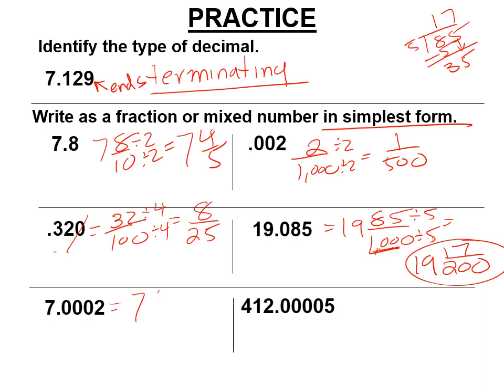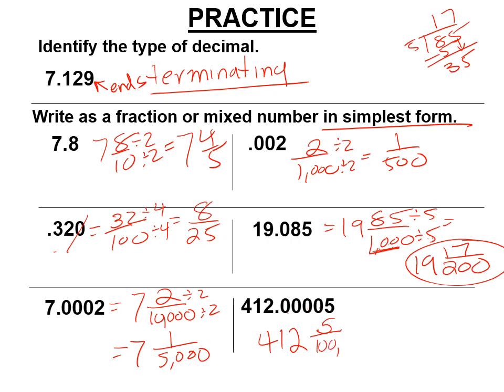Here we have 7, and now we're in the 10 thousandths place. So 7 and 2 10,000ths, so it's half, right? We're dividing by 2. Half of 10,000 is 5,000. So that's 7 and 1 5,000. Ooh, look at this. 412 and 5 hundred thousandths. Luckily, both of those are divisible by 5 clearly, right?